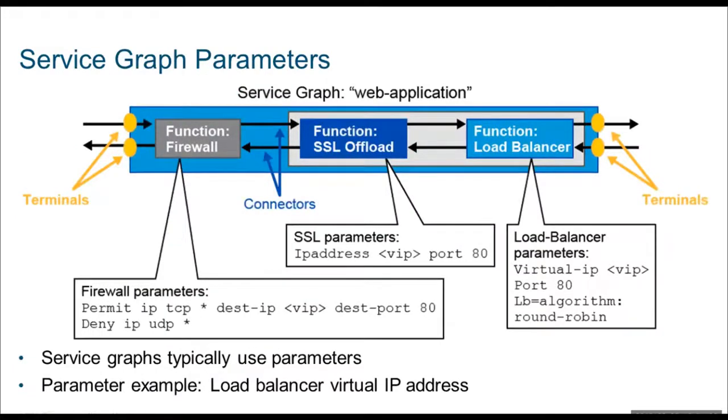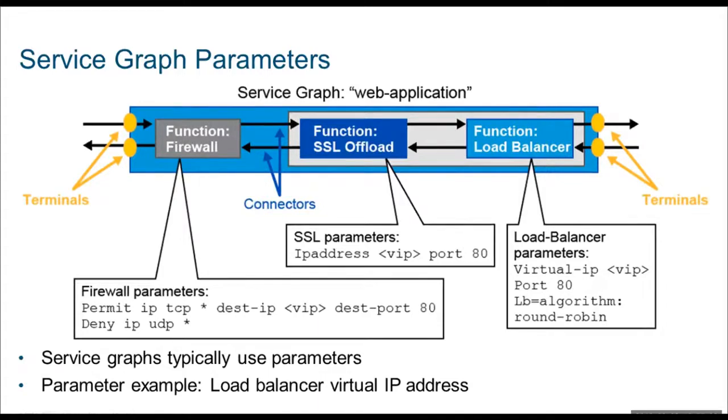Now, when you go ahead and load the device package, for example, you load a firewall, or you load a load balancer, it will ask you one-arm mode, two-arm mode. When you load a firewall, the choices are, are you going to route to it? Are you going to switch to it? Are you going to use it as a default gateway?